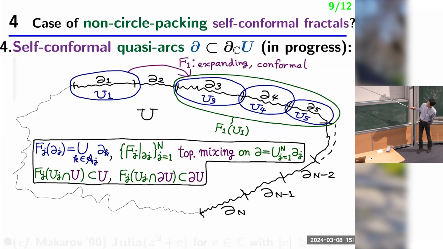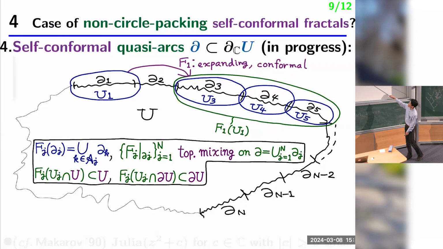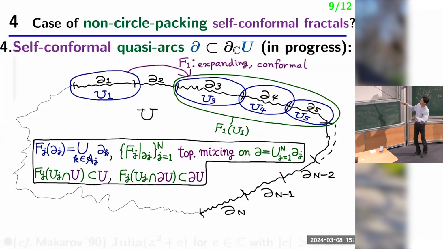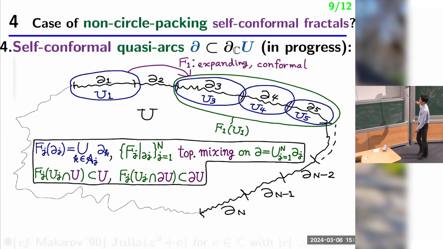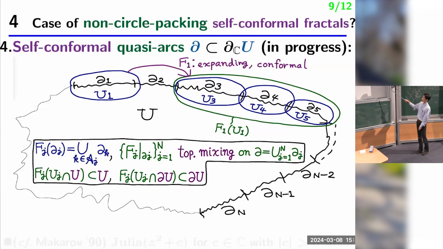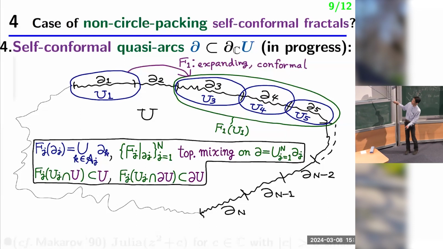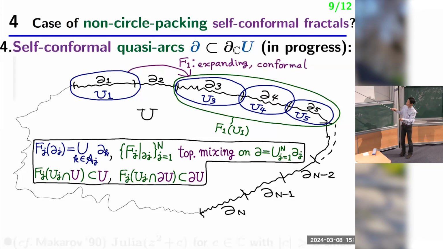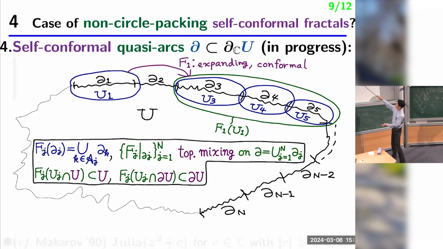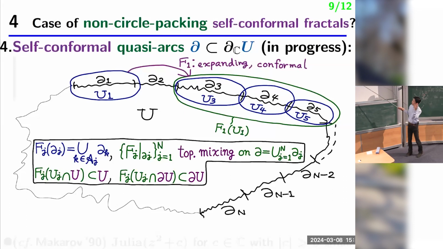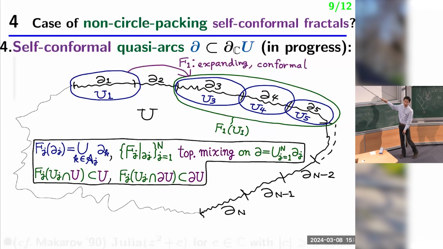Another requirement is that this family of expanding maps is basically ergodic. In order to guarantee that, we require the action of these families of conformal maps on the curve to be topologically mixing on our fractal curve, in the sense that any non-empty open subset eventually occupies the whole of the curve ∂Ω after some number of operations of these expanding maps.